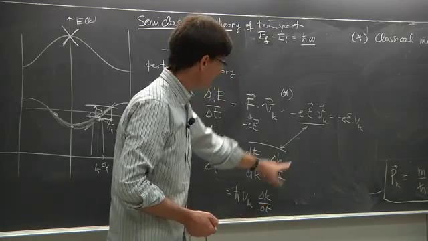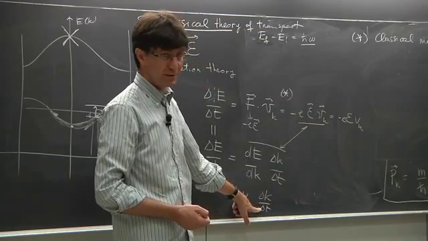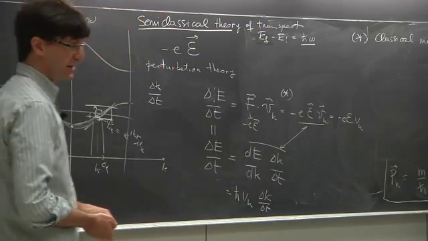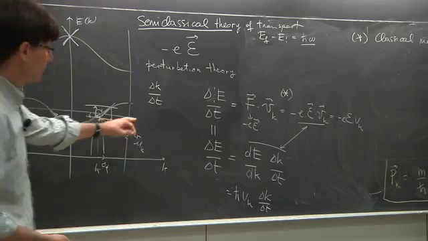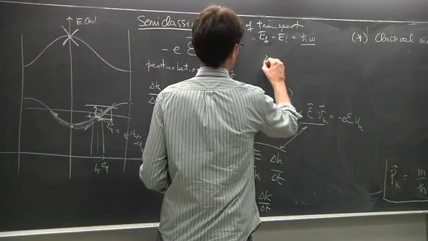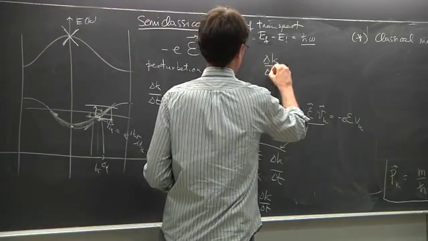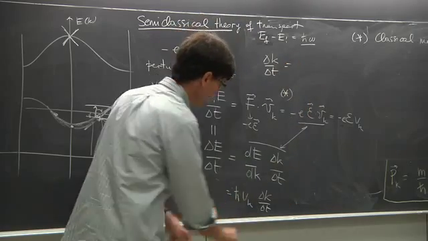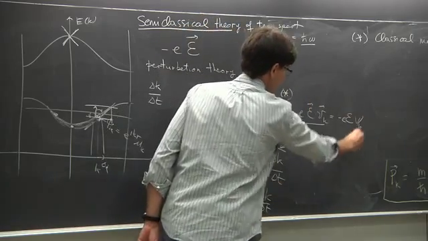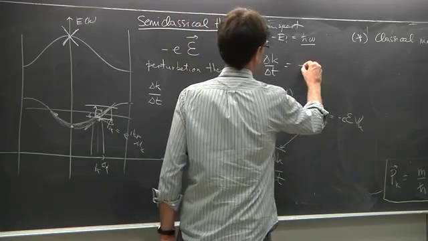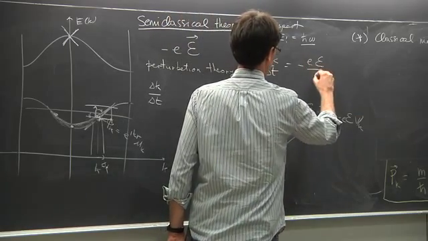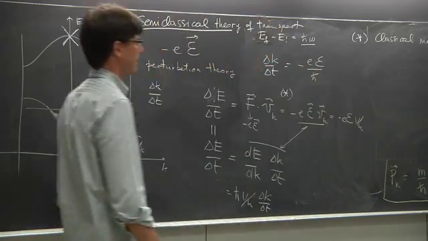So I can now equate the two and find out the change of delta k in delta t, which is what I wanted. So dk over dt. The velocity, by the way, disappears here and here, and it's just minus E times e over h bar.